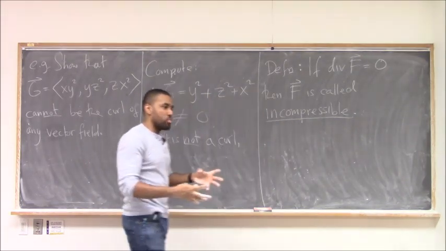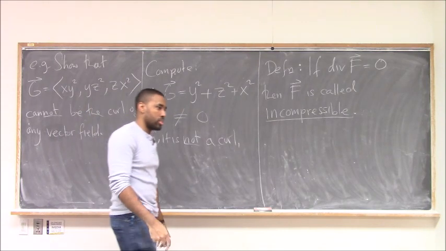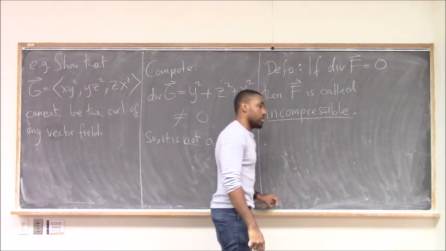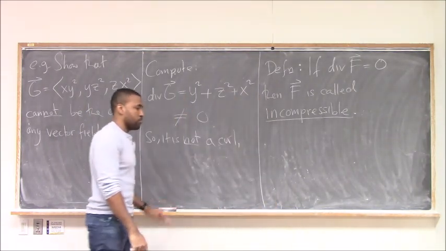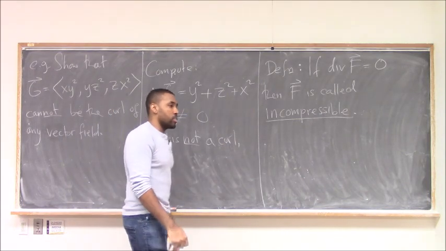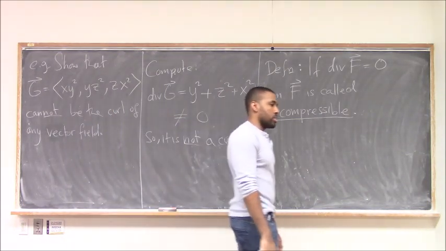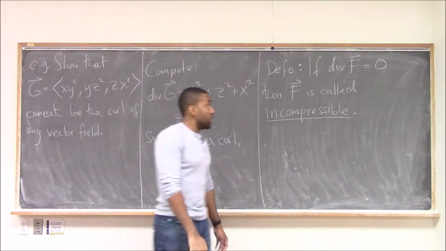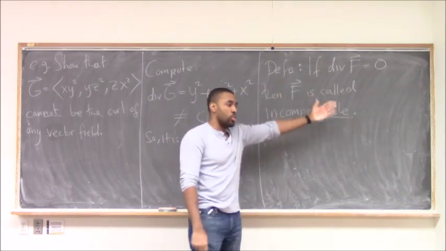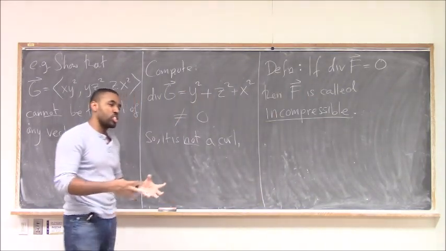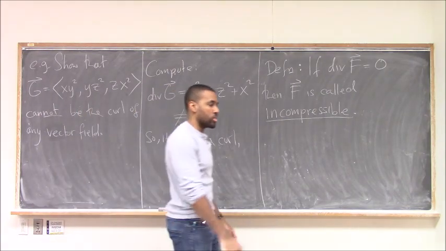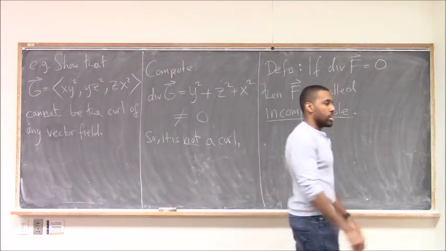It means you can't really compress it. You don't really have a lot of space to compress things in this vector field. So if you have a container of something, when you start to model the particles in this container by a vector field, and you take the divergence of that vector field, you get 0, you know that that container is pretty stuffed. You won't be able to fit any other particles into that container without catastrophic consequences.